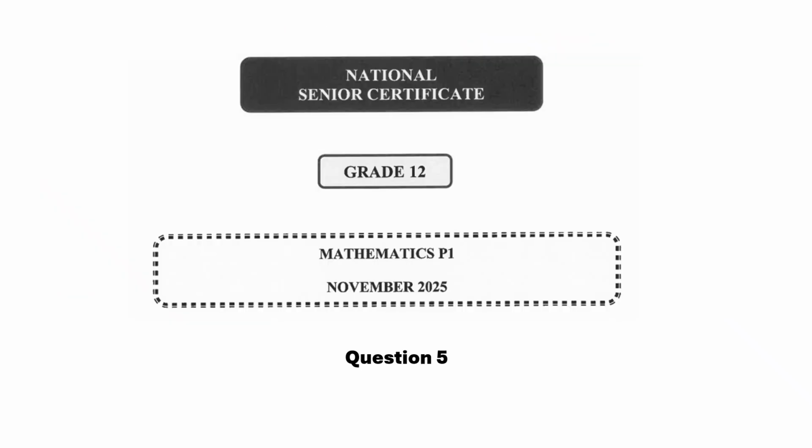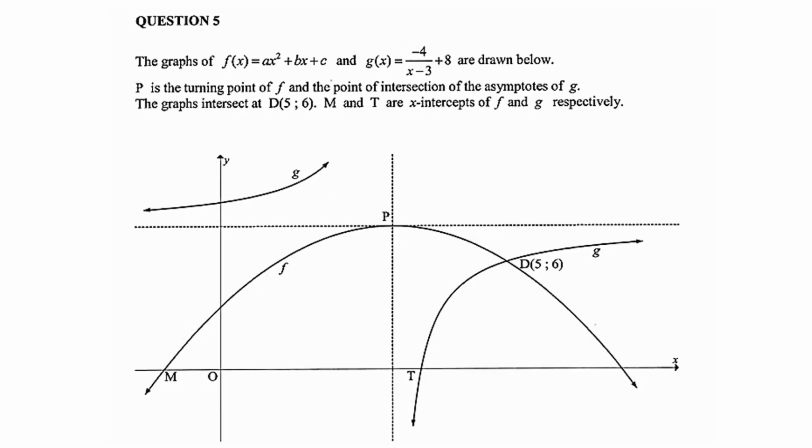National Senior Certificate, Grade 12, Mathematics Paper 1, November 2025, Question 5. The graphs of f(x) = ax² + bx + c, which is the quadratic equation of the parabola, of course, and g(x) = -4/(x - 3) + 8, which of course is a hyperbola, are drawn below.